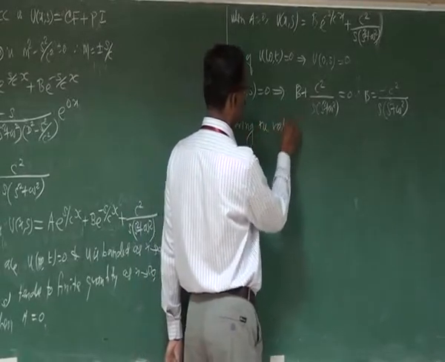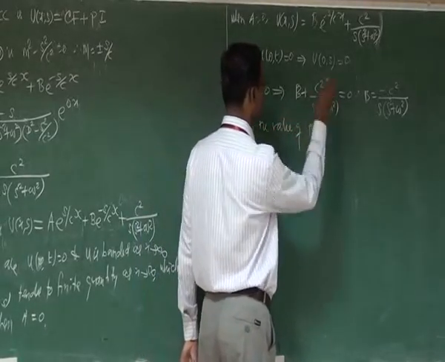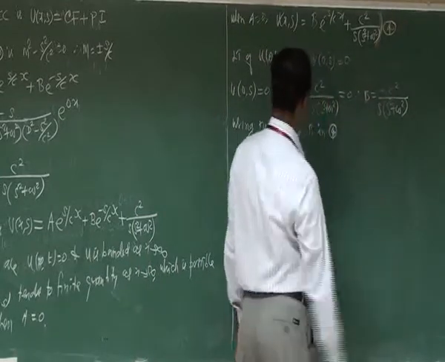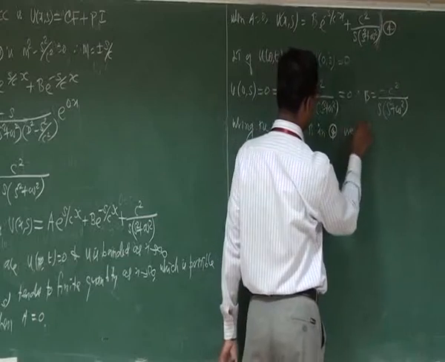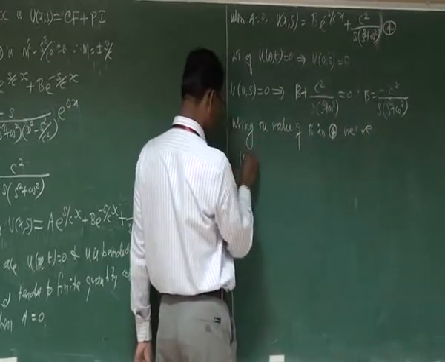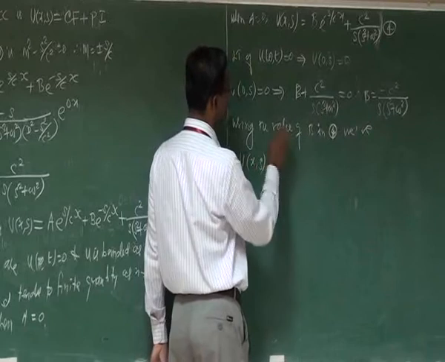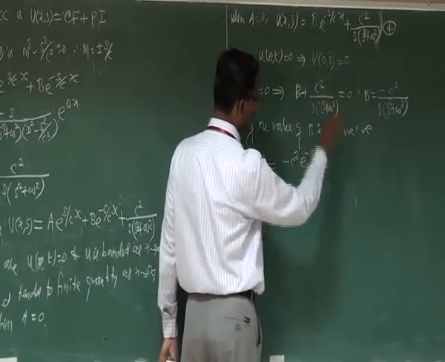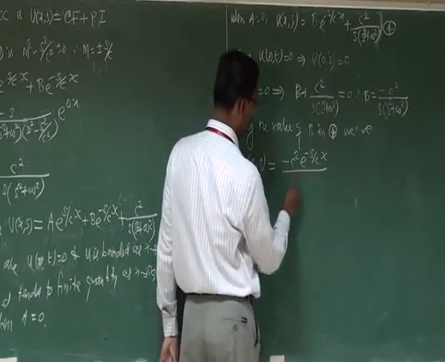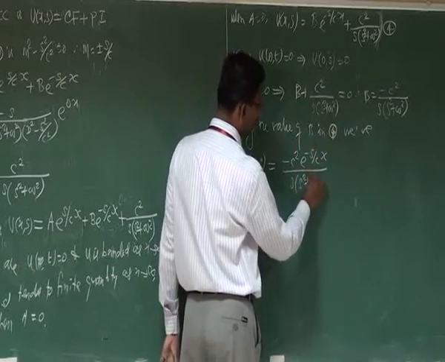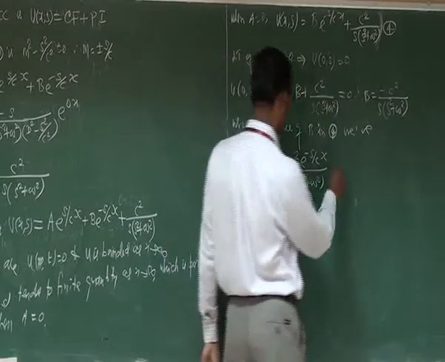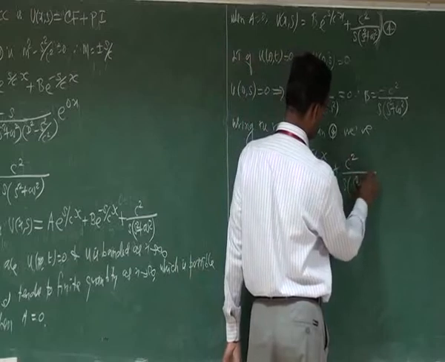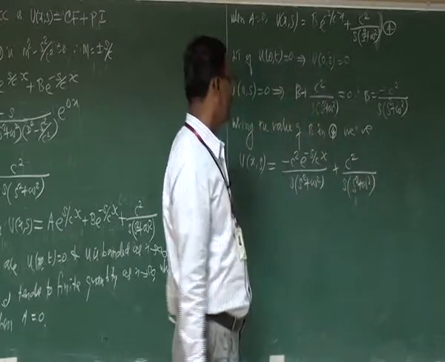Now, using the value of b in the equation number 4, we have u of s comma x is equal to minus c square into e power minus s by c into x divided by s into s square plus omega square, plus c square by s into s square plus omega square.